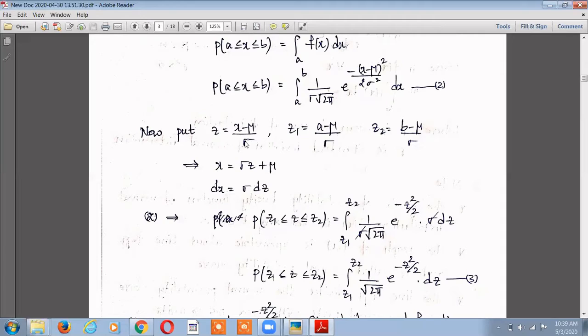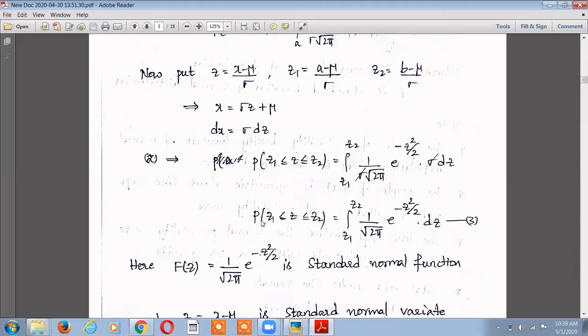That is z square. So it is e to the power of minus 1 by 2 into z square into dx. Here dx is sigma into dz. If I cancel out the sigma, I get p of z between z1 and z2 is equal to the integral from z1 to z2 of 1 divided by root 2 pi into e to the power of minus z square by 2 into dz.